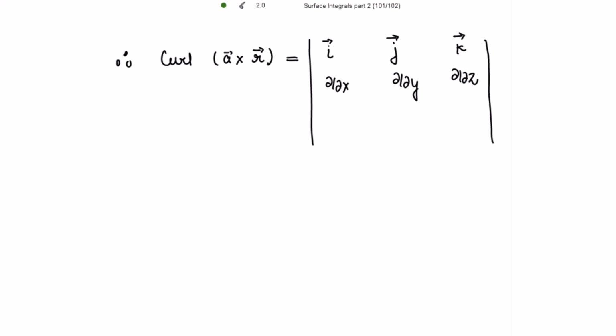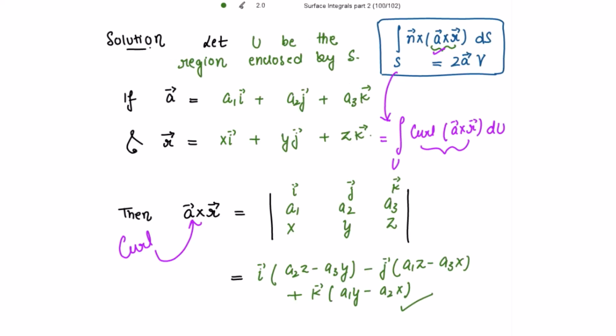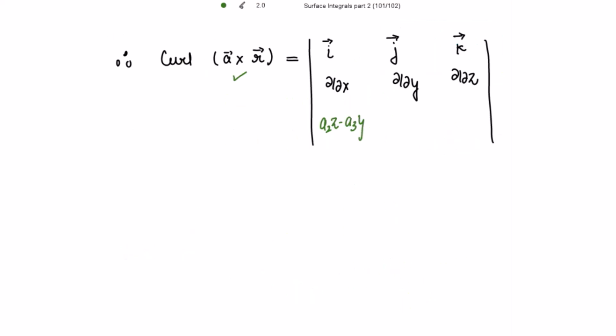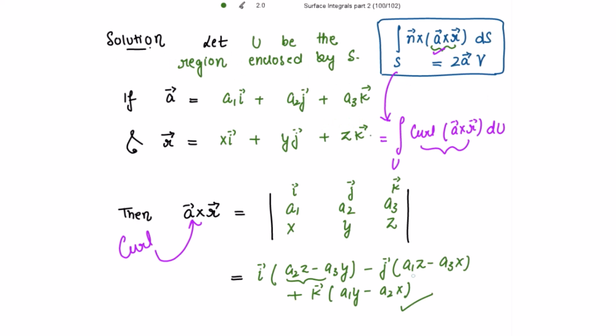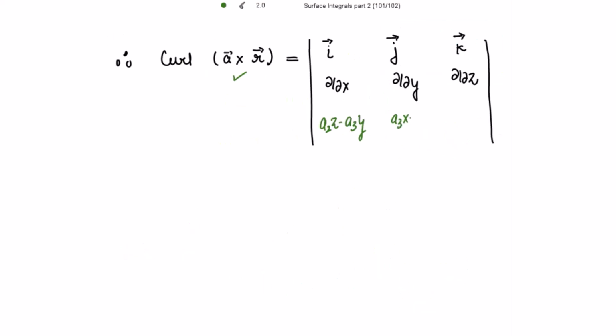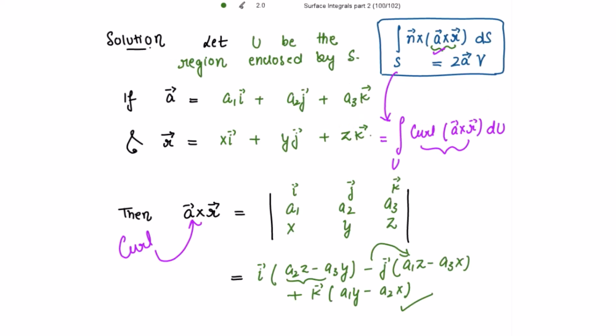So now we have to take the curl of this a cross r vector. Writing the components of the cross product which we have just evaluated: the first component is a2z minus a3y. The second component is a1z minus a3x, because minus is multiplied outside of this bracket, so taking this inside we get a3x minus a1z. And the third component is a1y minus a2x.